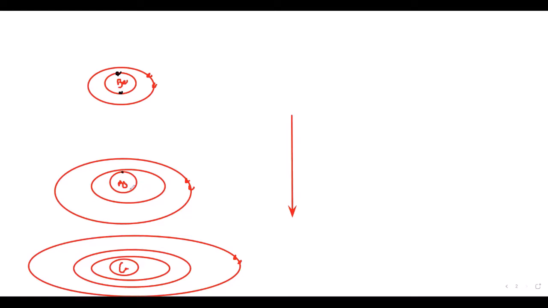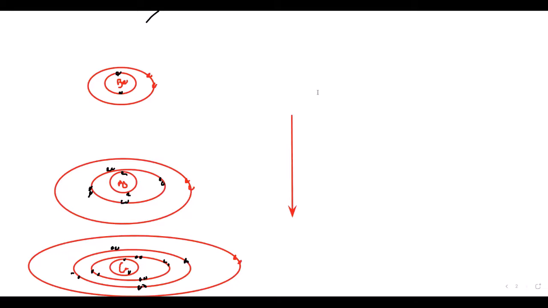Magnesium has first shell 2, second shell 8 electrons, and then the last shell. And calcium has first shell 2, second shell 8, third shell 8 as well, and the last shell it will have 2 electrons. Now what happened? Two reasons are there. Number one is the distance between the nucleus and the valence electron, or last shell electron.